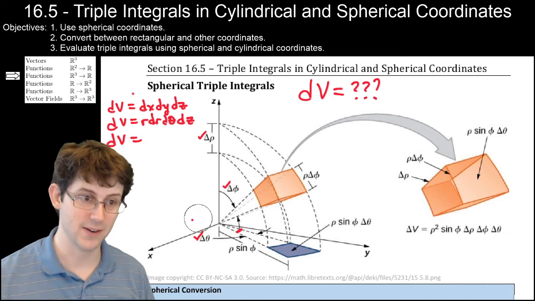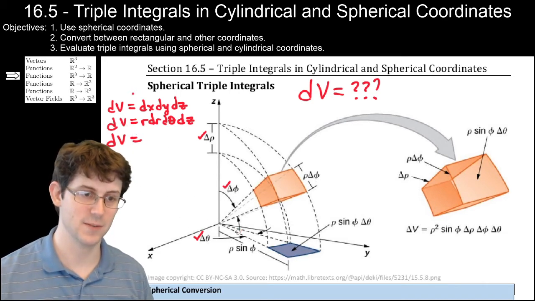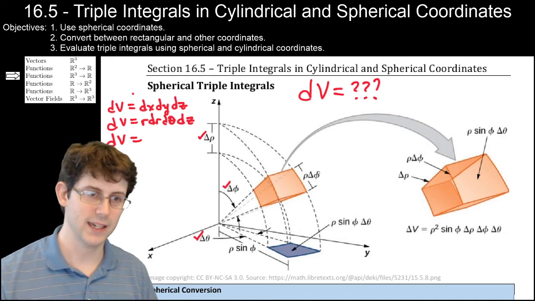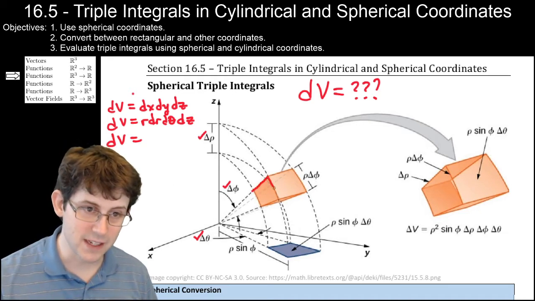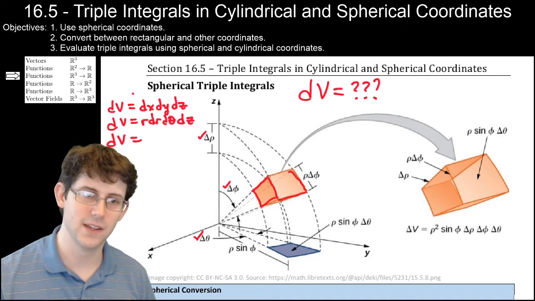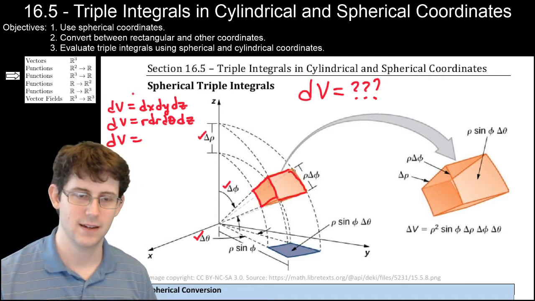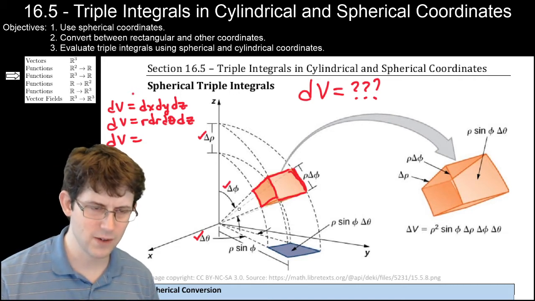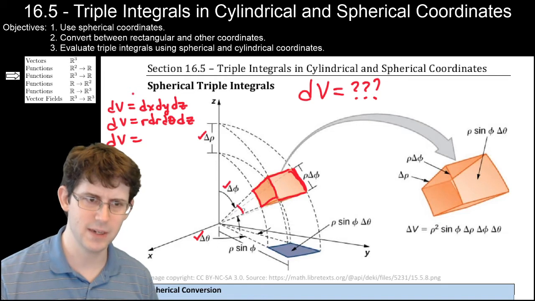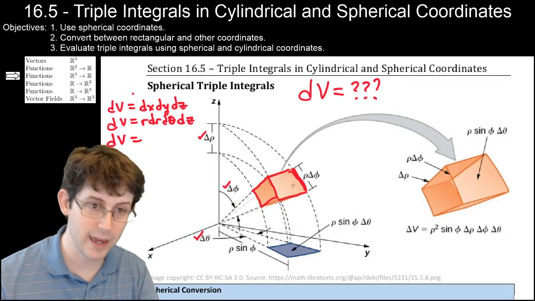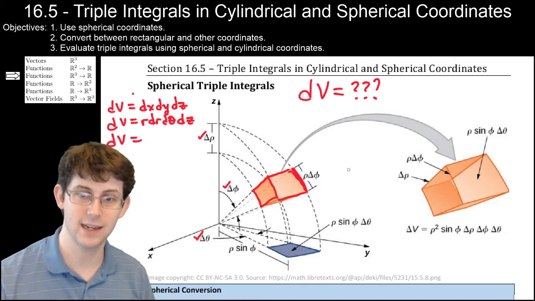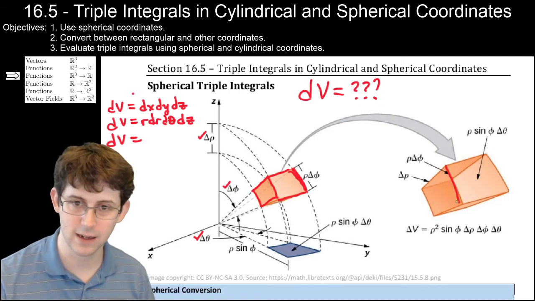We want to know what dv is in terms of d theta, d phi, and d rho. dv is the volume of this weird, kind of boxy thing, so we just need to figure out all of these dimensions. Going a little bit of rho, a little bit of phi, and out by a distance of rho, this dimension is definitely rho d phi. That's this right here.